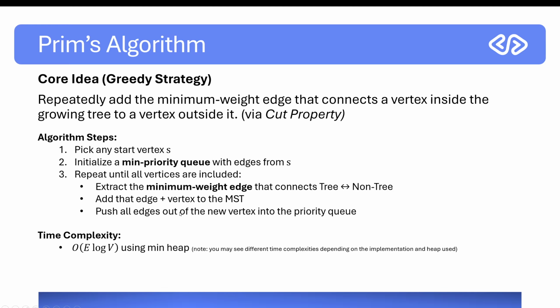Okay, so Prim's algorithm. Again, I left out the proof for the cut property, but this all can happen because of the cut property.